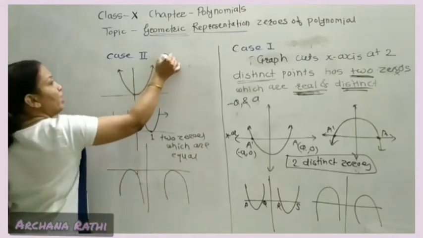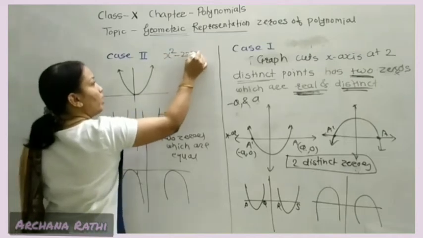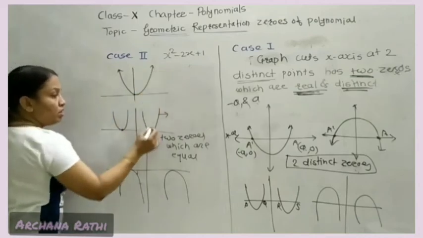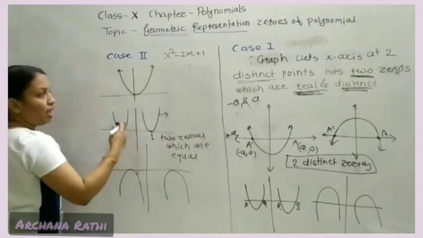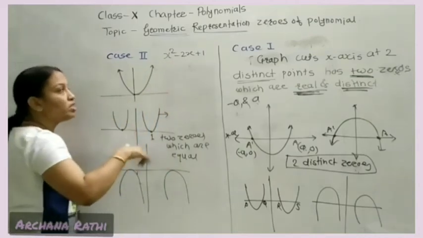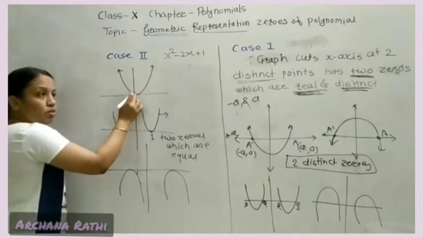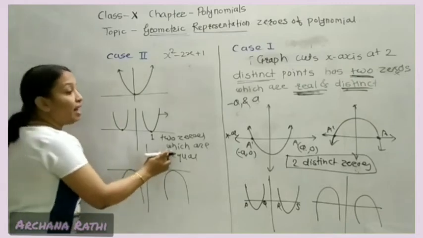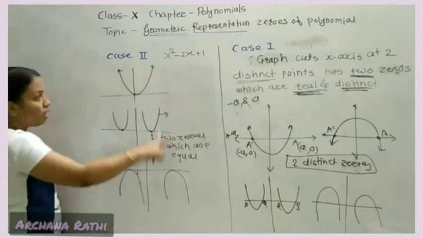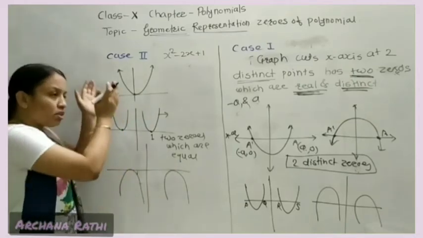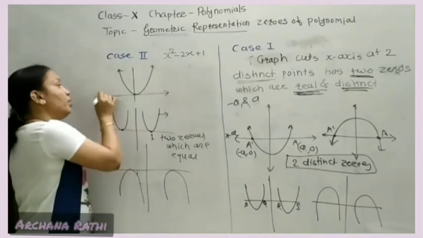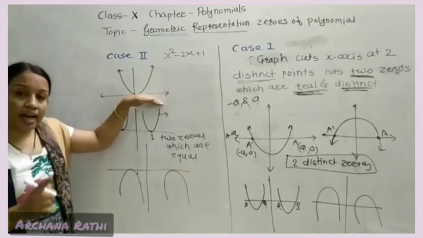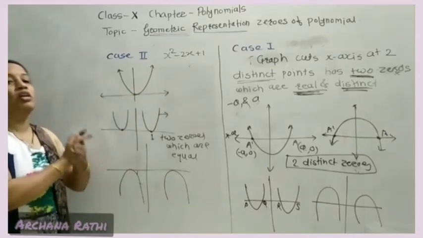For example, take x square minus 2x plus 1; it will definitely have this type of zeros, because the zeros coincide here. These two zeros coincide, meaning it has two zeros but they are equal. In all cases, if the graph just touches the x-axis, the polynomial has two zeros that are equal, coinciding with each other.